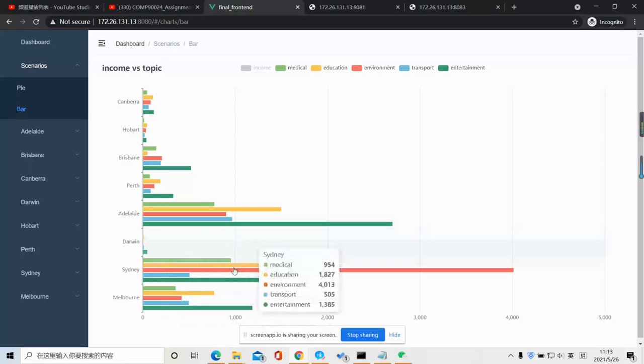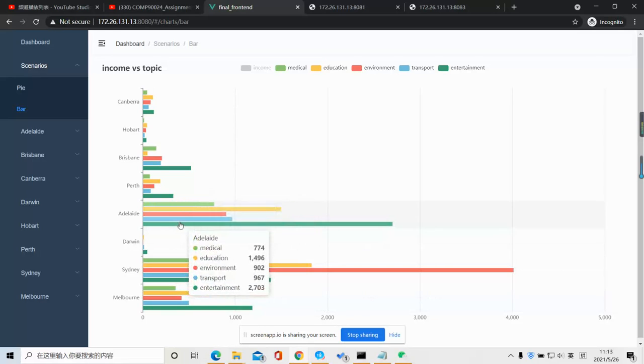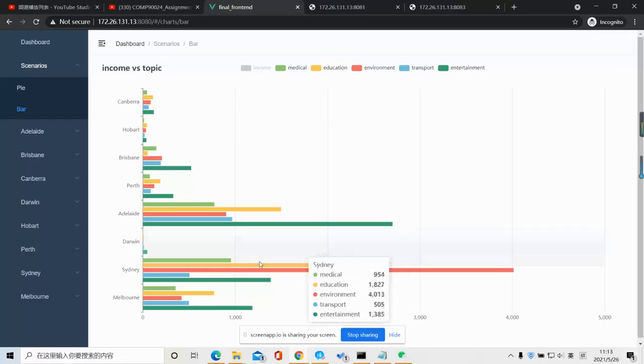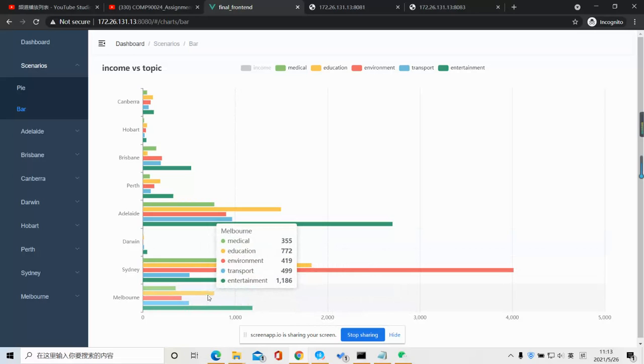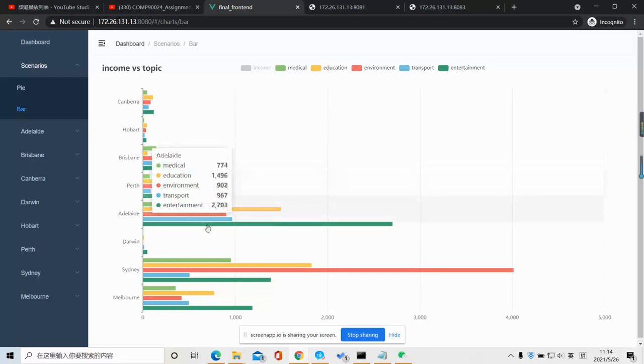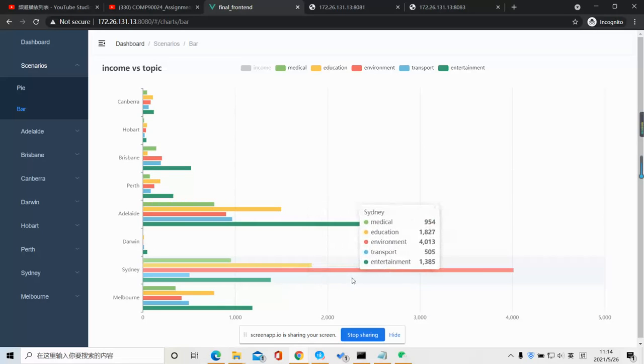Because there are more people living in big cities like Melbourne, Sydney, Adelaide, Perth and Brisbane, the tweets we get are much more than the tweets we get in Darwin or Hobart. So the values we get for these cities are much bigger than the ones we get for those cities.